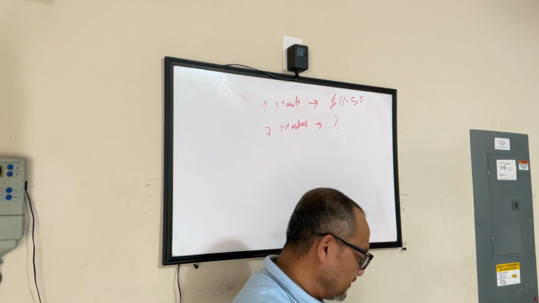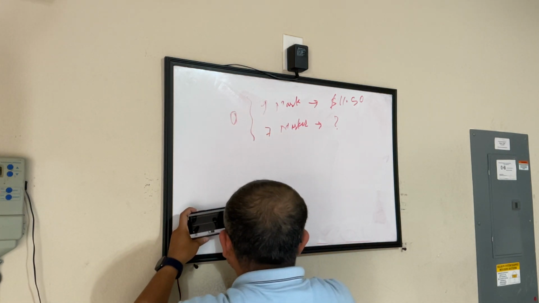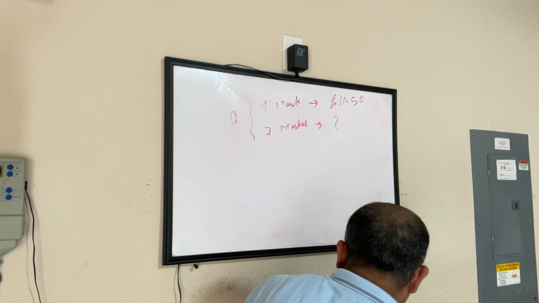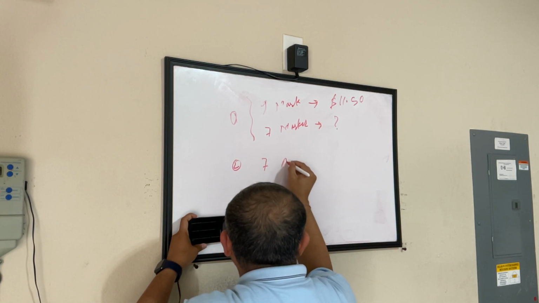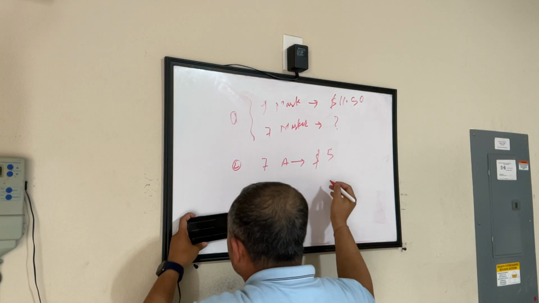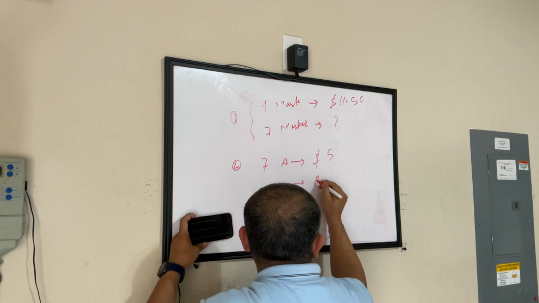You want to solve it? Okay, let me put the second question also. This is the first one, and this is just like a jump start. Once we look at this one, then we'll go to Excel problems. Second one says 7 apples cost $5. How many apples can I buy with $8?